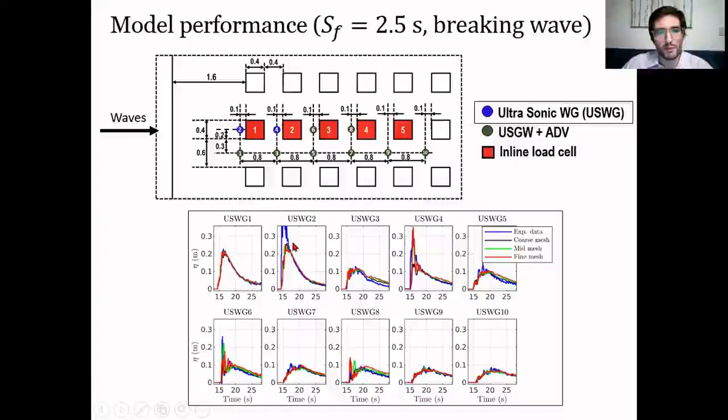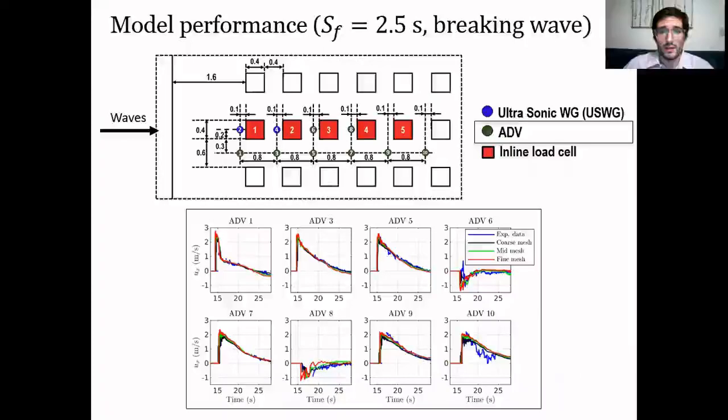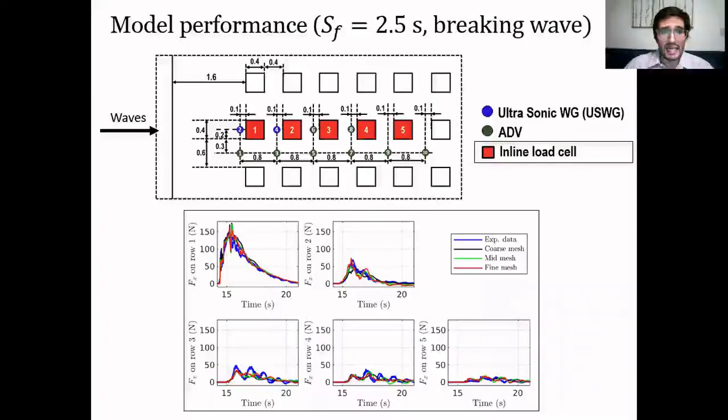So maybe there the model was not able to capture the water elevation properly, but overall the agreement was pretty good. The velocities were also well captured by the model, and the loads were well captured by the model. You can see in this figure the time series of the load in row 1, 2, 3, 4, 5, and the magnitudes and the peaks were well captured by the numerical model.